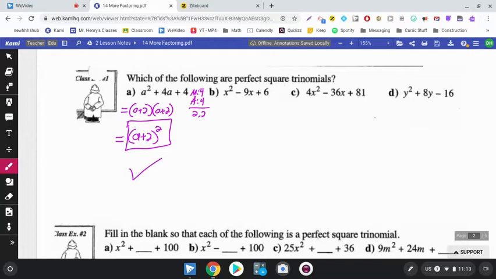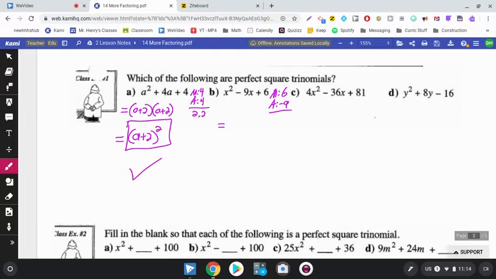Okay, x squared minus 9x plus 6. I could multiply to 6, add to negative 9. Well, those numbers would be... can I even do that? Well, no. That's not even possible.